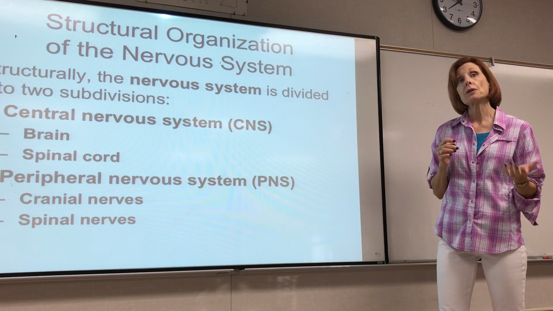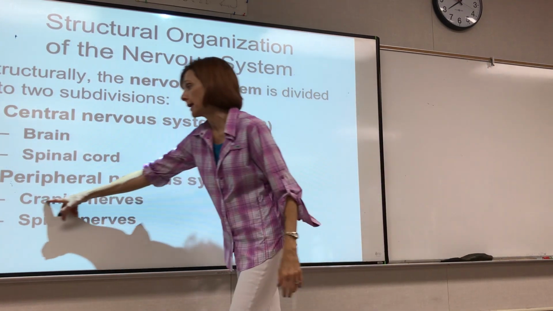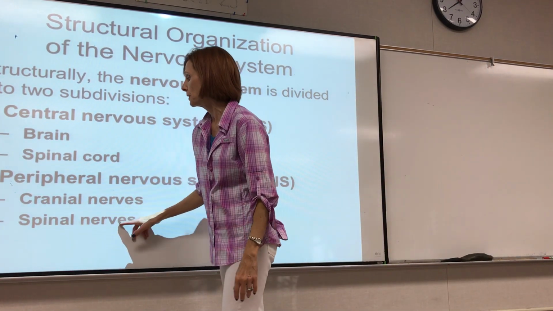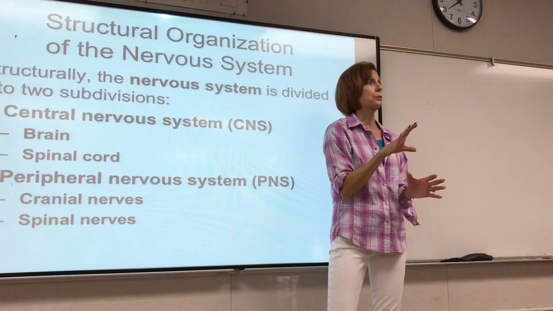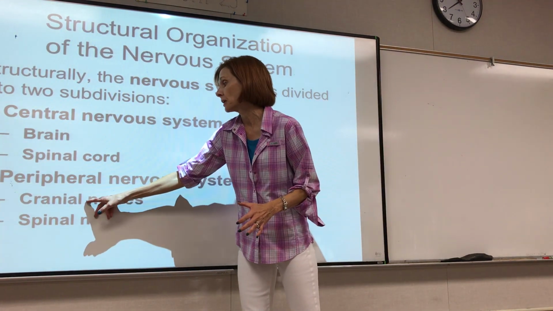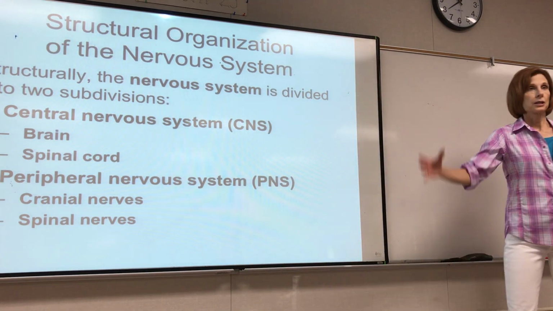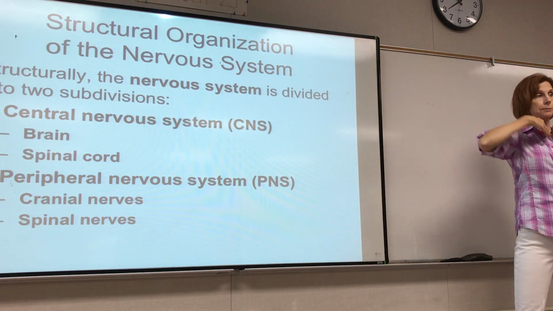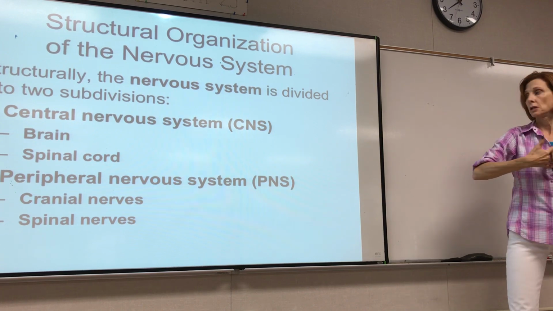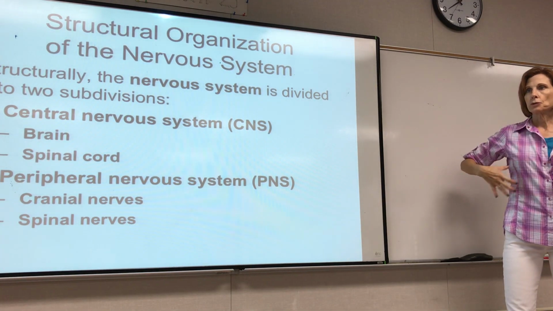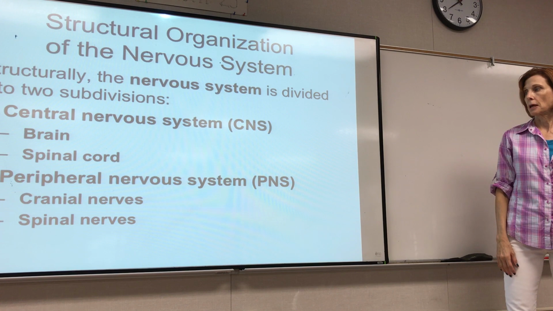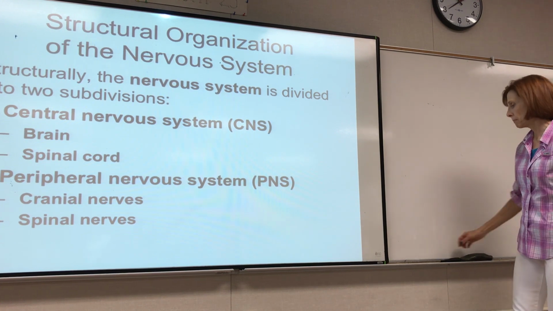So depending on whether these are connected to the brain or to the spinal cord, we call these two sets of peripheral nerves cranial nerves or spinal nerves. Okay, and again, cranial nerves branch off of the brain, and spinal nerves branch off of the spinal cord. And these go out into all the organs and tissues, and that is what makes up the PNS.